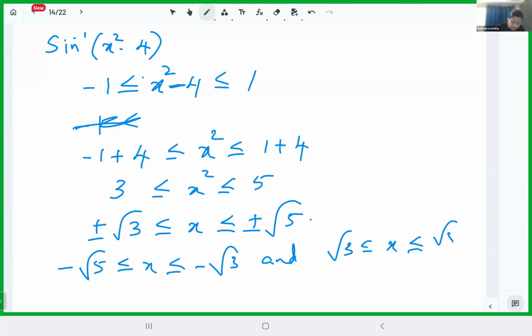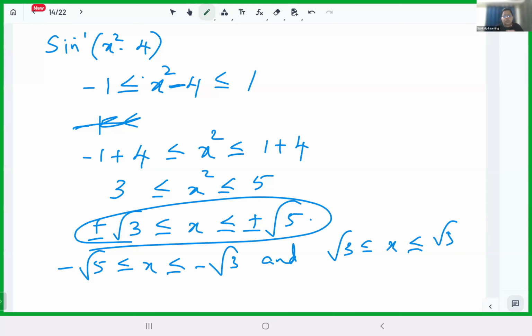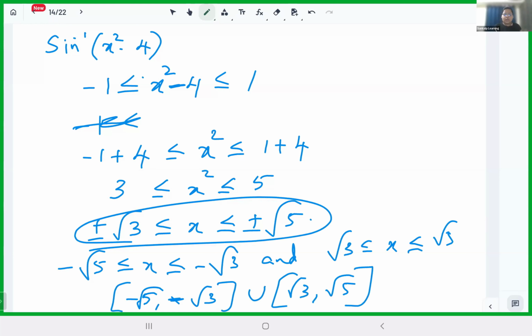I have converted it into two parts: minus values grouped together and plus values grouped together. So this can be written as the closed interval minus root 5 comma minus root 3 union closed interval root 3 comma root 5. So this is the domain of that particular function.